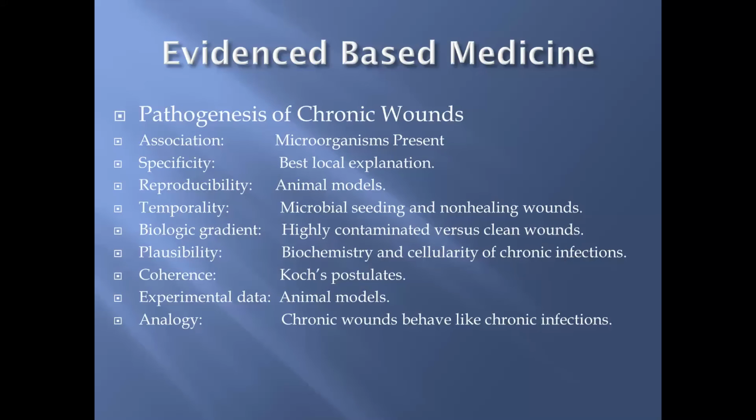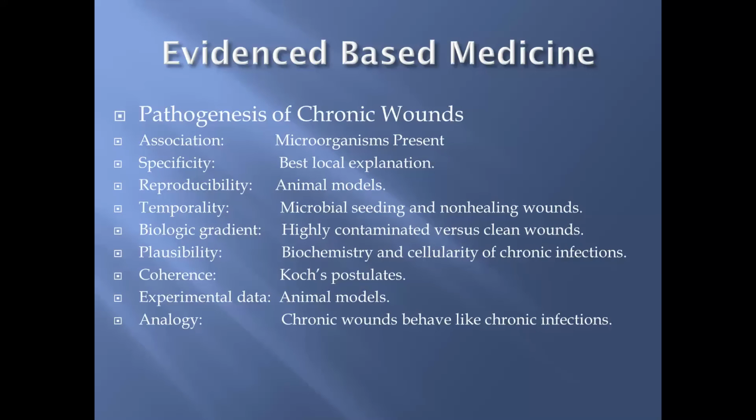But yeah, the biochemistry of chronic infections is well worked out, and it's the same. There's elevated pro-inflammatory cytokines, there's elevated proteases, there's elevated neutrophils, and a host of other things that we see in all chronic infections, and chronic wounds have those things.